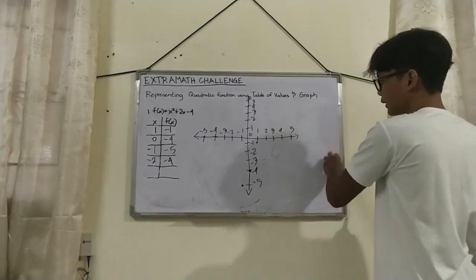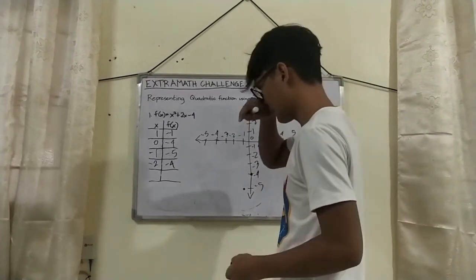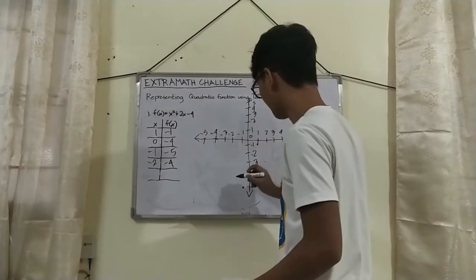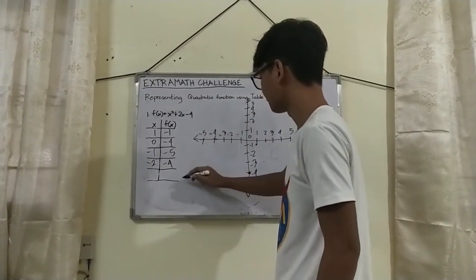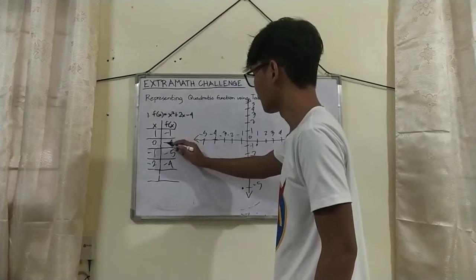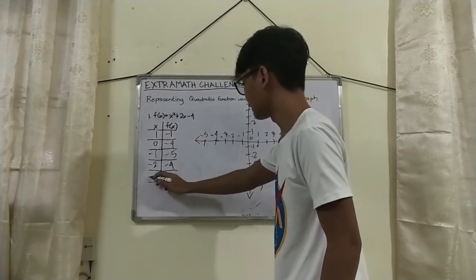So we need to solve for the last unknown point. We will let x be negative 3.